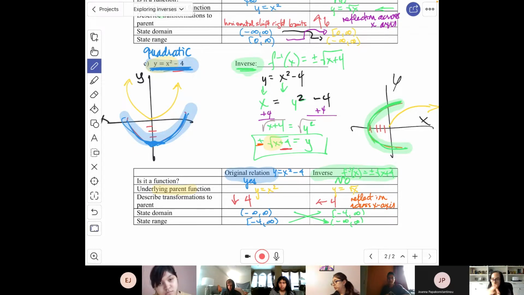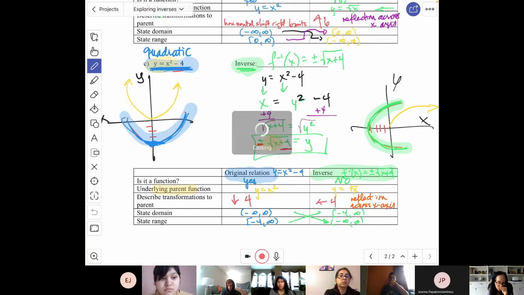So that was the point of all of this. Hopefully this is making it a little bit more clear as to really understanding transformations in addition to taking the inverse of a function. Any questions on this? This is super important.